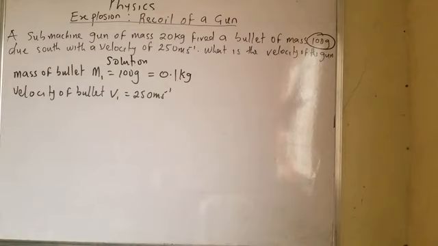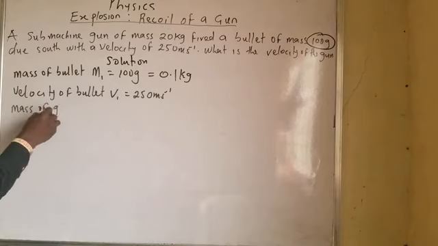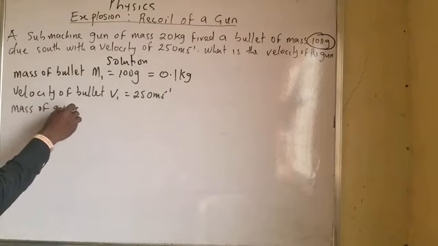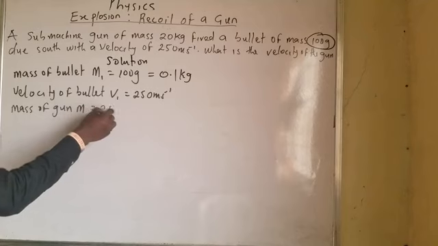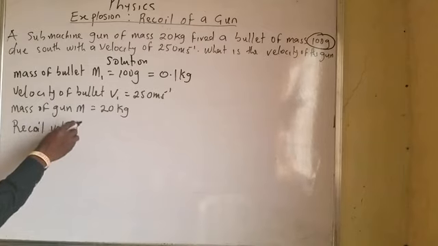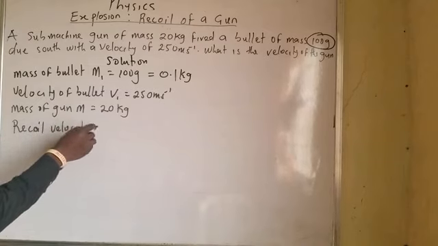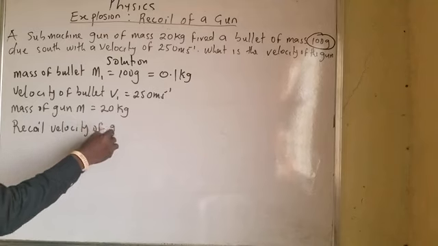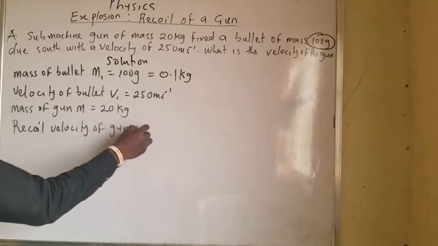And the mass of the gun, M, equals 20 kg. The recoil velocity of the gun is the unknown.